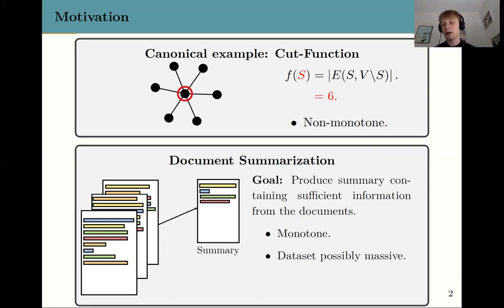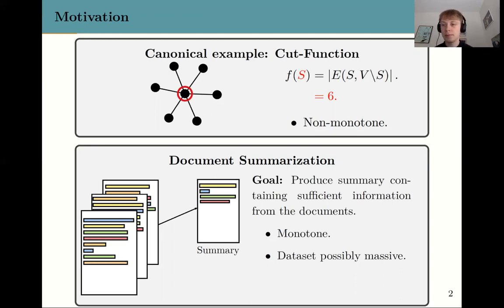This is typically a setting where the set function is monotone, because the more sentences you add to your summary, the more informative the summary becomes, although the summary might not be more readable.